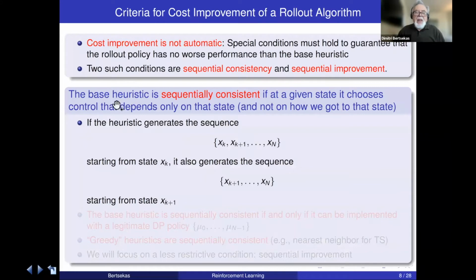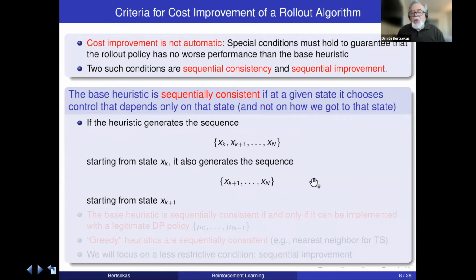We say that the base heuristic is sequentially consistent if at a given state it chooses a control that depends only on that state and not on previous states, how we got to that state. More precisely, it has the following property. If the heuristic starting from state xk generates this sequence, then after you move to state xk plus 1, we generate by the base heuristic the tail of that sequence.